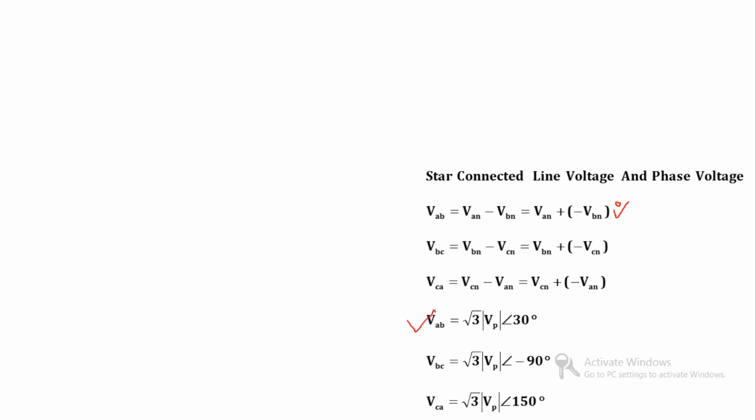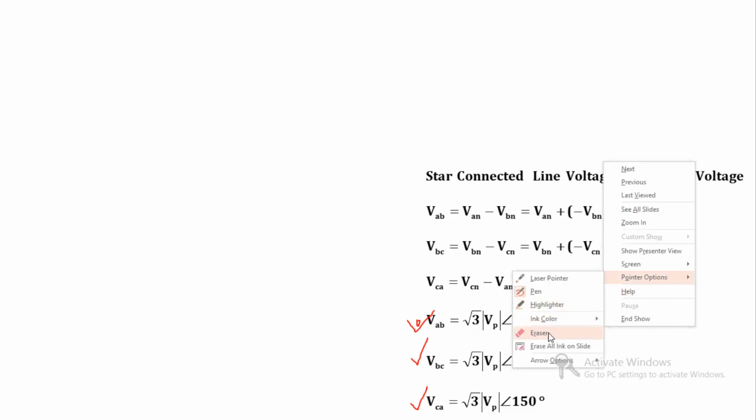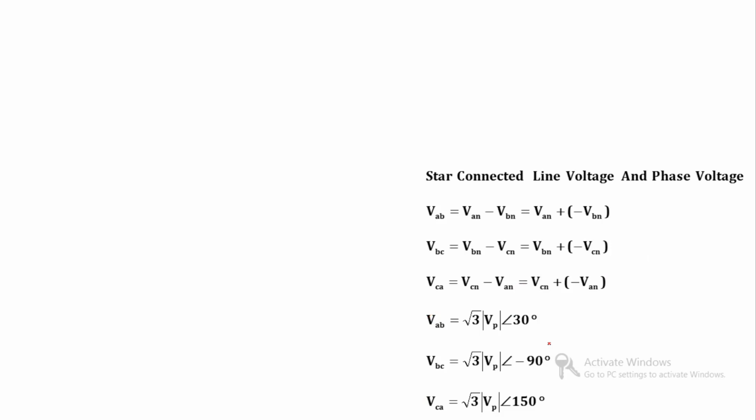And this is the polar form for VAB, VBC and VCA: VAB is equal to root 3 into mod V phase at an angle 30 degrees, VBC is equal to root 3 into mod V phase at an angle minus 90 degrees, and VCA is equal to root 3 V phase at an angle 150 degrees. So now let's start to draw the phasor diagram step by step.